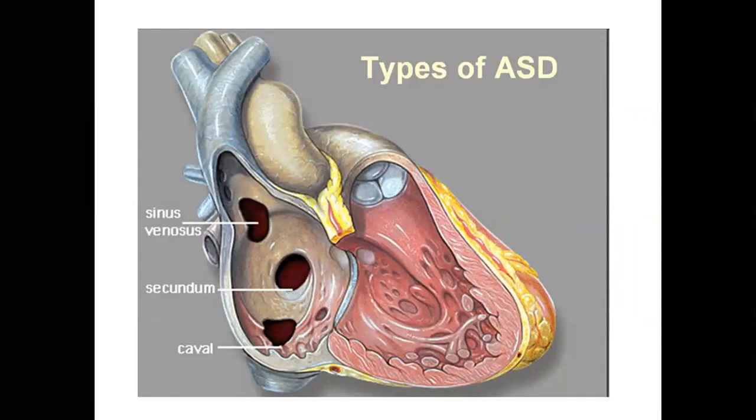The second one is ostium secundum, present exactly in the middle of the septum between the right and left atrium. Then ostium primum is the third one, present at the lower bottom of the atrial septum between the right and left atrium.